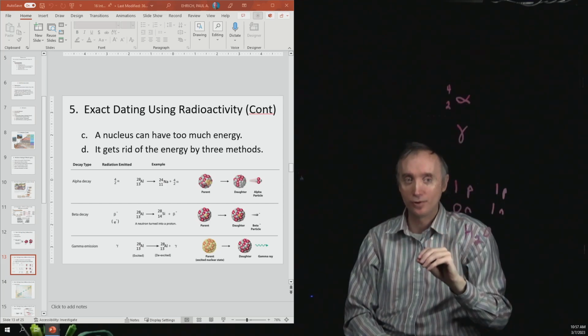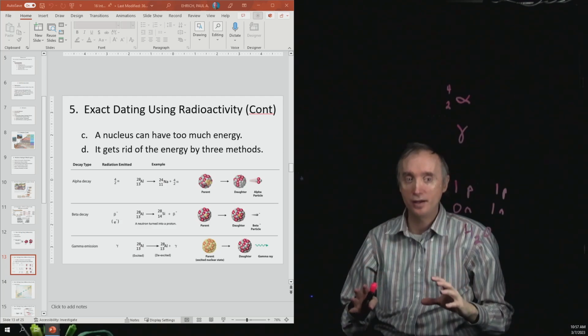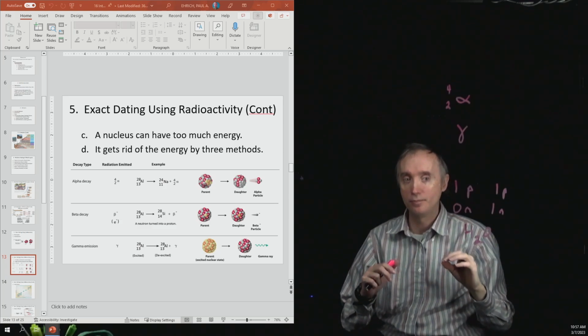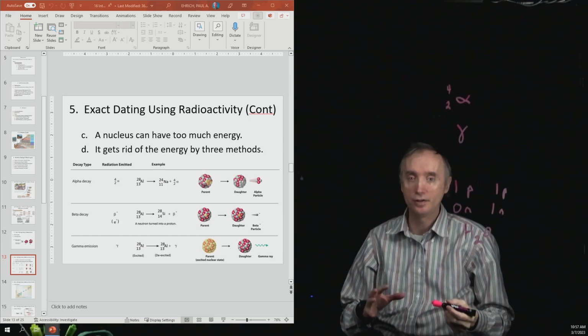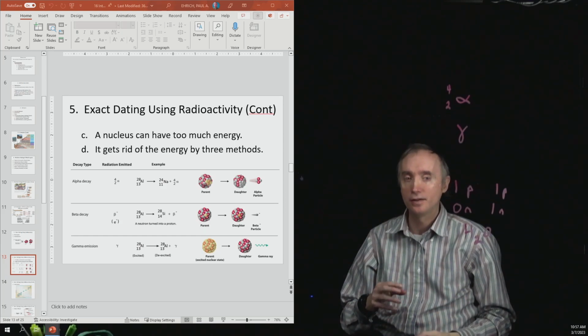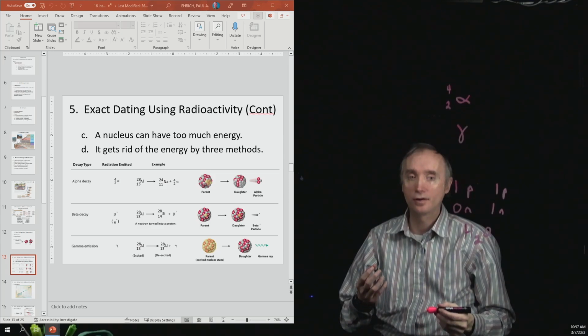Okay, now the last one is the really strange one. And this is going to be the beta particle. And there's 2 different ways of doing this. So let's say that your particular isotope has too many neutrons.